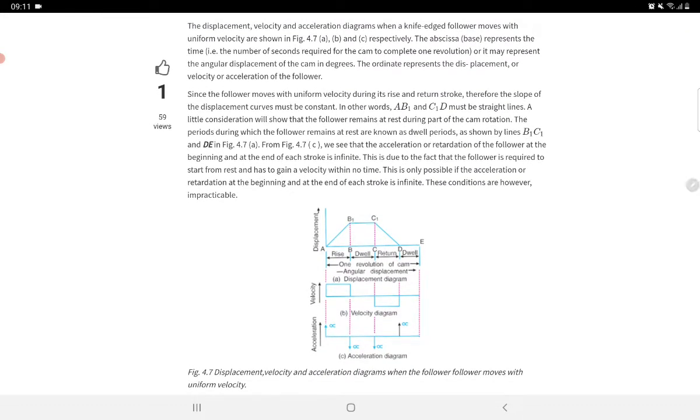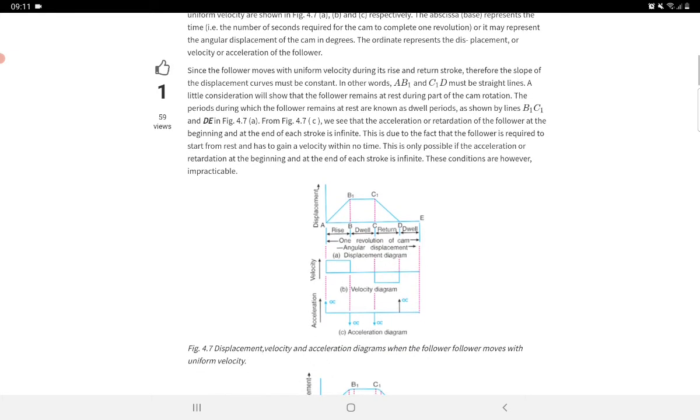Since the follower moves with uniform velocity, this is the first condition, and the follower moves in upstroke and downstroke, so it moves with uniform velocity during its rise and return stroke. Therefore the slope of the displacement curve must be constant.